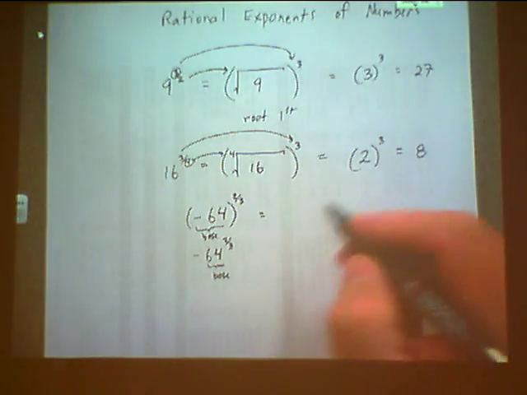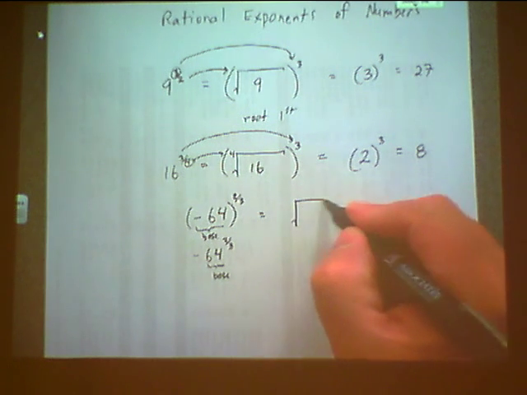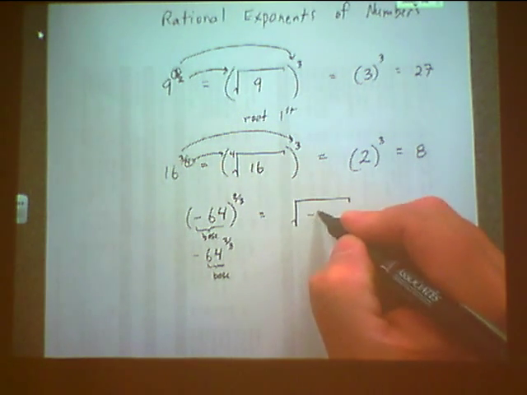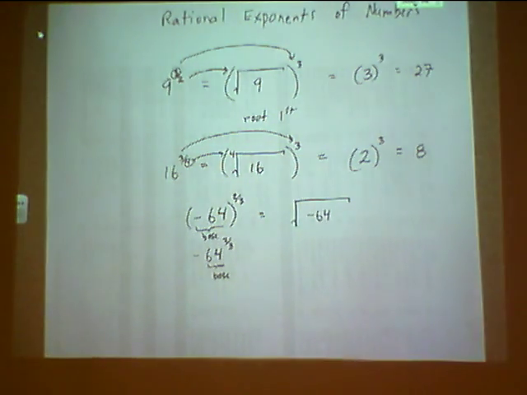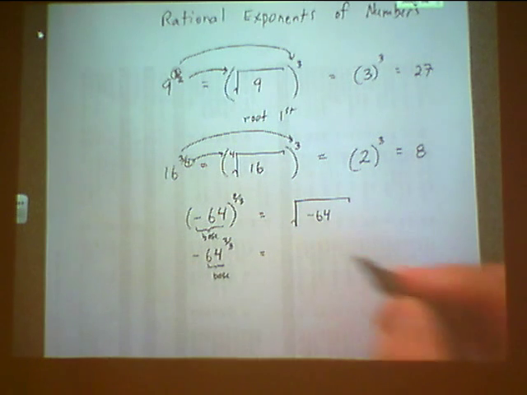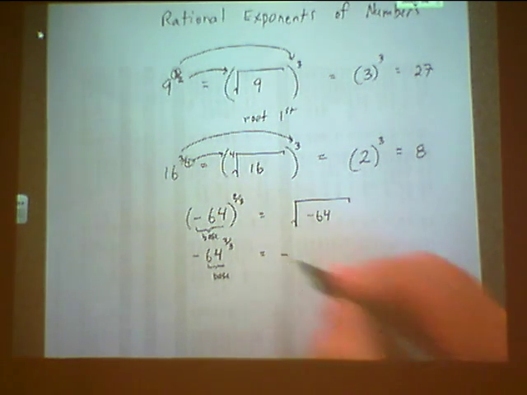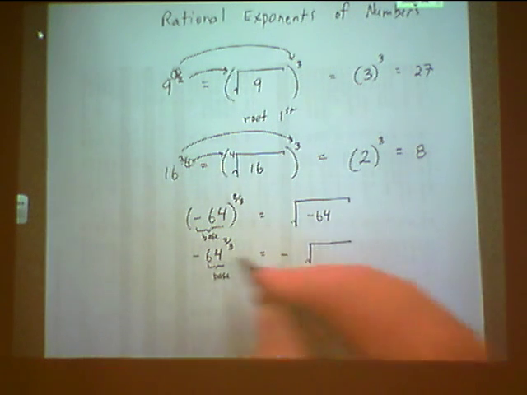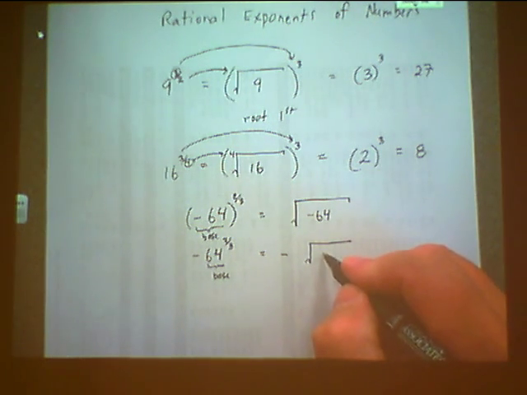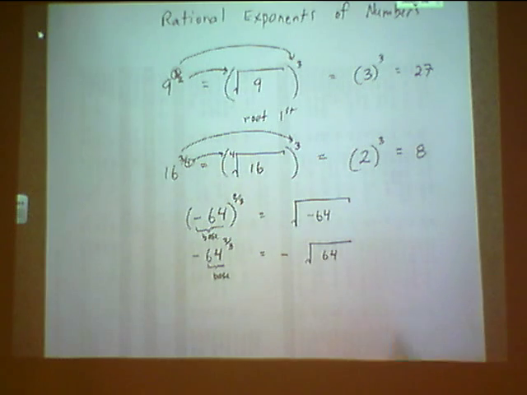So once again, I'm going to convert this into a radical. I'm going to put negative 64 under the radical. If I was doing this second problem, well, I could just do it for fun. I would have the negative way outside, and then to convert my 64 to a radical, I simply put 64 under the radical.